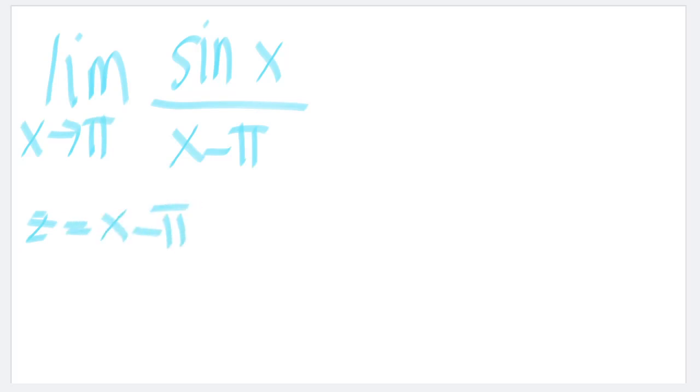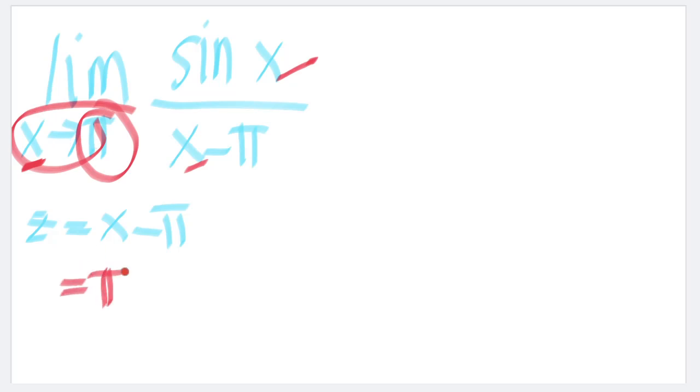So if you introduce the dummy variable z, when you change the variable here to z, you also need to change the variable in the approach to z, with its corresponding approach value. So if your x is approaching pi, minus pi, your z will approach what?